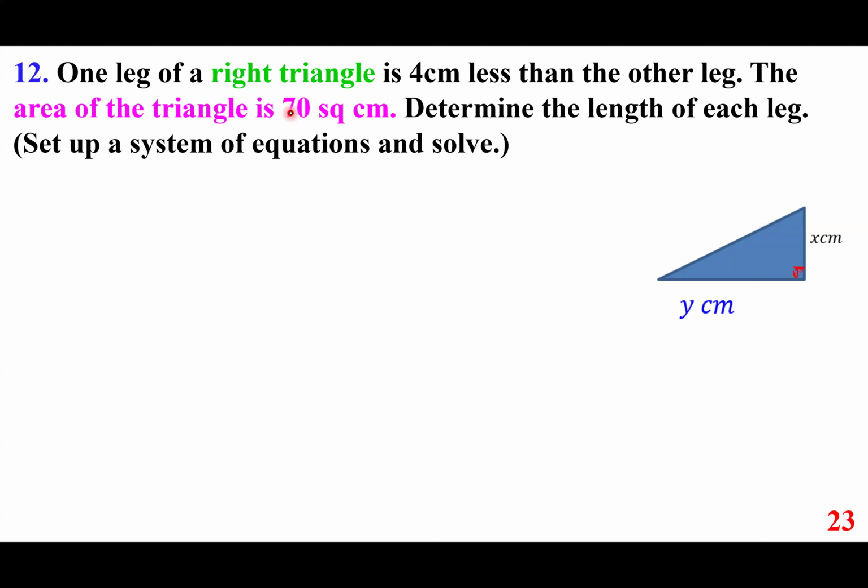The area is 70, and the area is 1/2 base times the height, where base and the height in a right triangle would be the two sides. So we have the first one, X equals Y minus 4, and now the area, 1/2 XY equals 70. So that's the system we are going to solve.